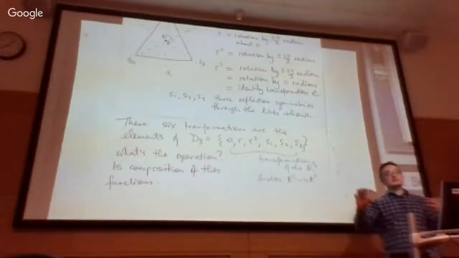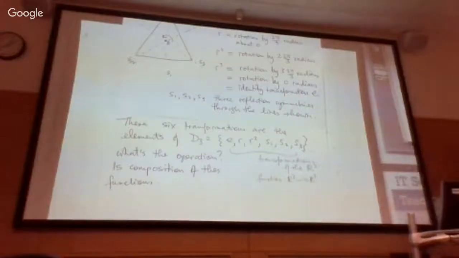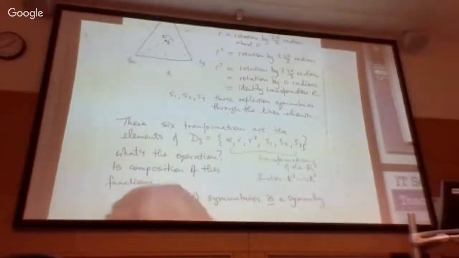Applying the first bit leaves it unchanged, applying the second bit leaves it unchanged. So we have this fundamental idea that composition of symmetries is a symmetry. This is the closure. This is the closure axiom.